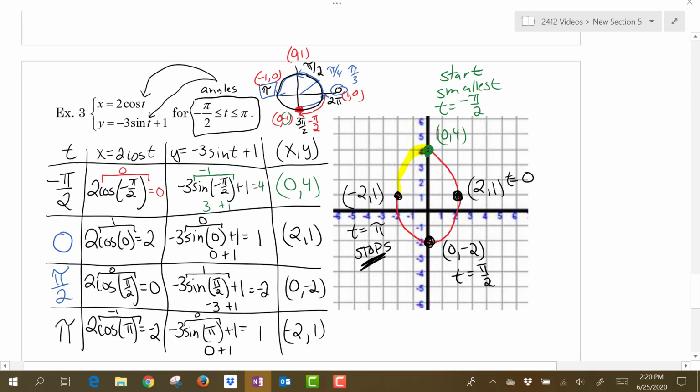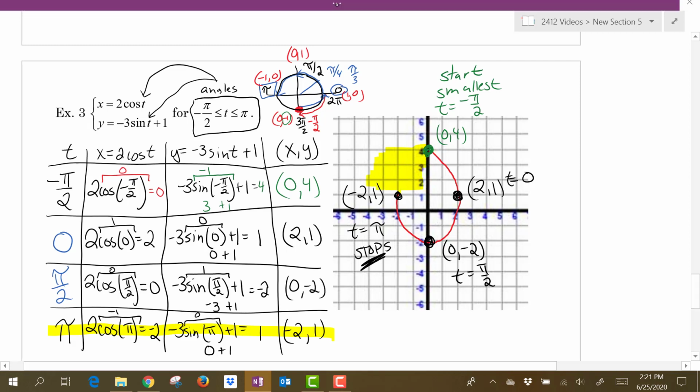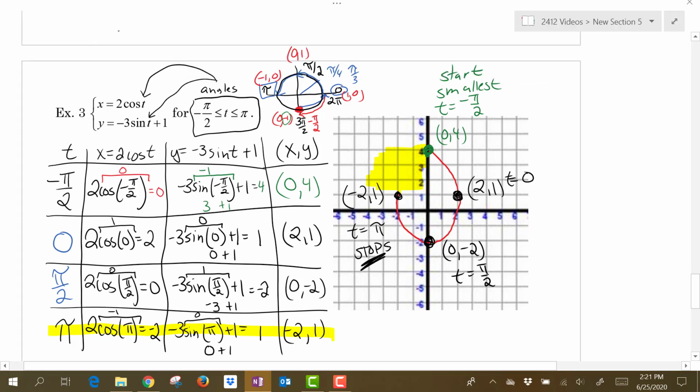But that path is actually not included in our parametric equation because the path is going to stop at the last point we plot. It does not continue to connect back to negative pi over 2. Okay, so there is no red line here. There's no graph there. So be careful there. A lot of times we're tempted to connect those dots to form a complete kind of circle there, but that is not the case. The path stops at the last point we plot.